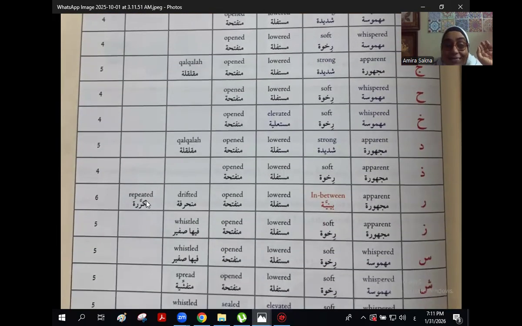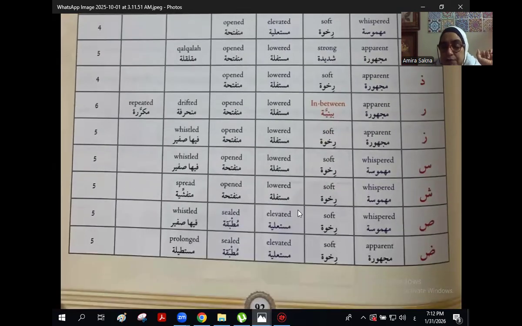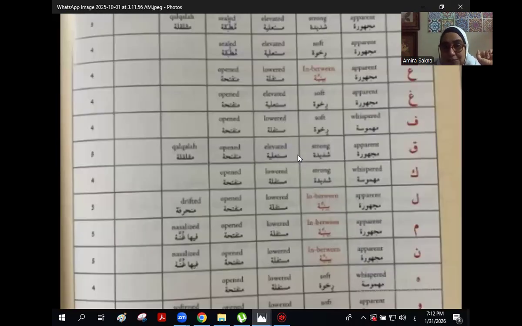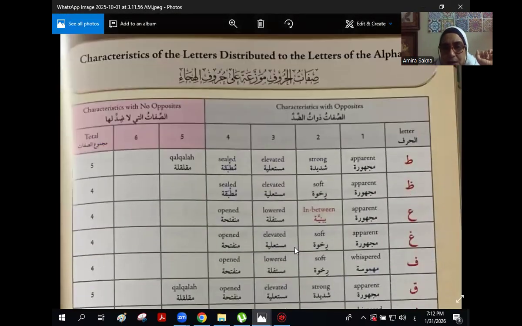It has 6. Because the 4 main plus drift, inhiraf, and repetition, tikrar. Ra, it's apparent, in between, lowered, opened, drifted, munharifa, repeated, and mukarrara. This is the Arabic letter which has the biggest number of characteristics, okay?